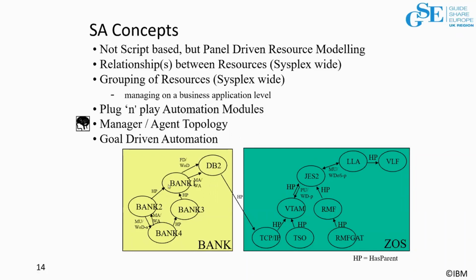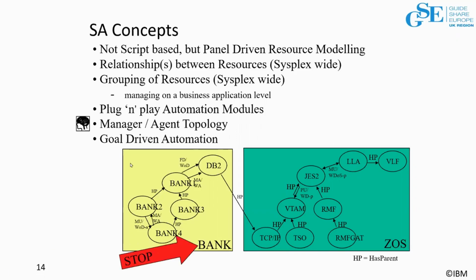So if you look down here in this yellow box that says bank, you can see we've got a number of resources, and these arrows are relationships between those resources. So if we wanted to close the bank down, perish the thought, all you need to do is put a stop against the bank group, and then System Automation would know about all these resources.